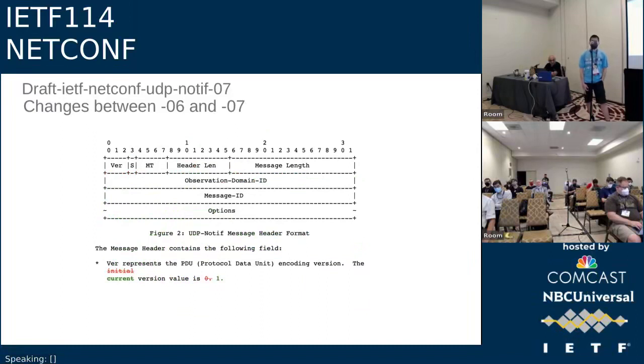We had one last request, which was to update the shim header version to allow the collector to receive different versions of UDP-Notif: the one before it became a working group document and the current one. We addressed that by updating it.